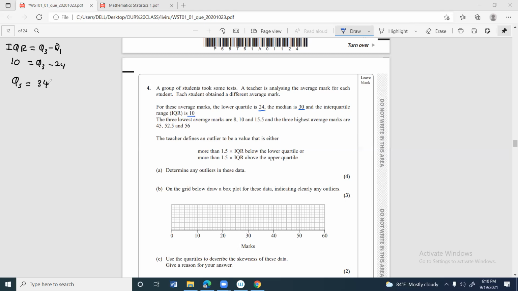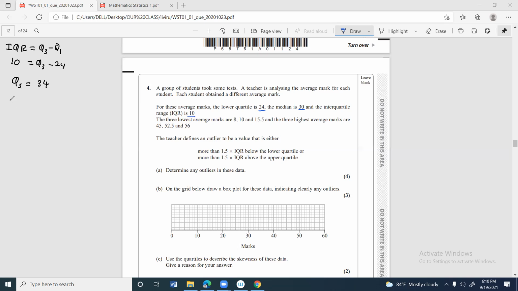The 3 lowest average marks are 8, 10, 15.5, and the 3 highest average marks are 45, 52.5 and 56. They have said outliers are more than 1.5 times the IQR below the lower quartile or above the upper quartile. Determine the outliers in this data.